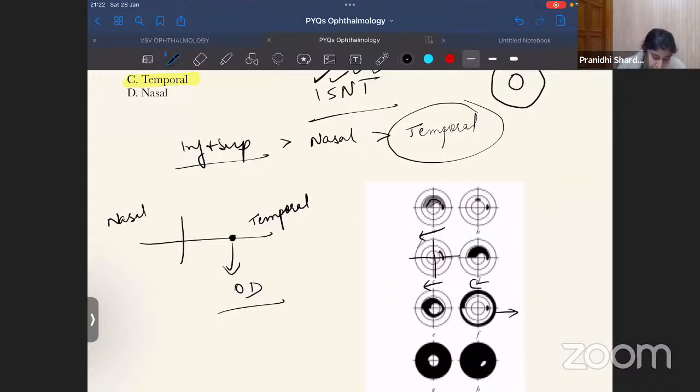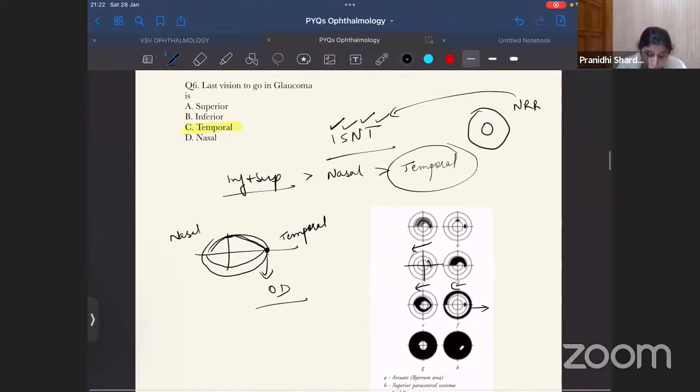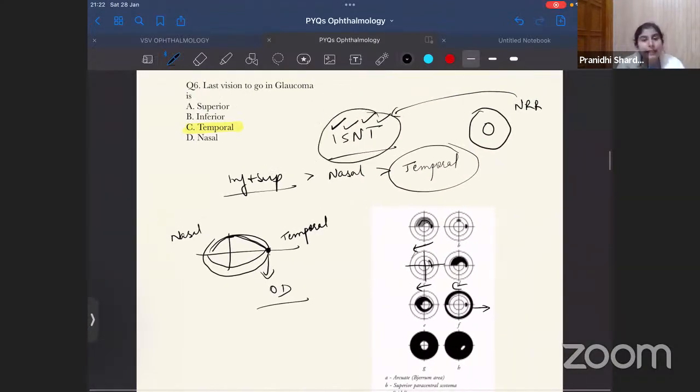We always say that first is the paracentral scotoma, then the Seidel, then it becomes arcuate, double arcuate. Then the whole tubular vision comes. So the last vision to go is the temporal, because it defies the ISNT rule present in the neuroretinal rim. Is it fine? So the temporal is the last vision to go.